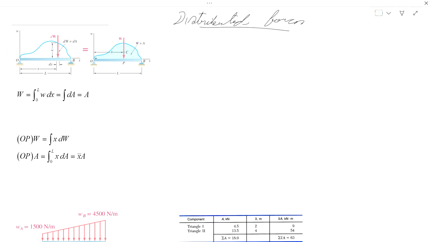In that case, the car has continuous forces pressing on the beam. But in order to analyze the system, we would like to make it simple, where we say, okay, let's map all that.